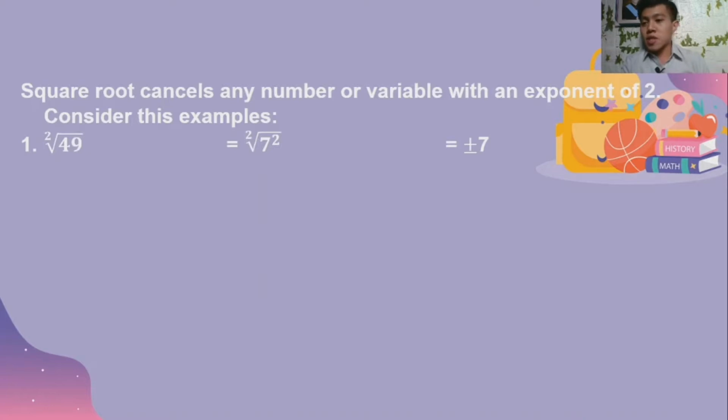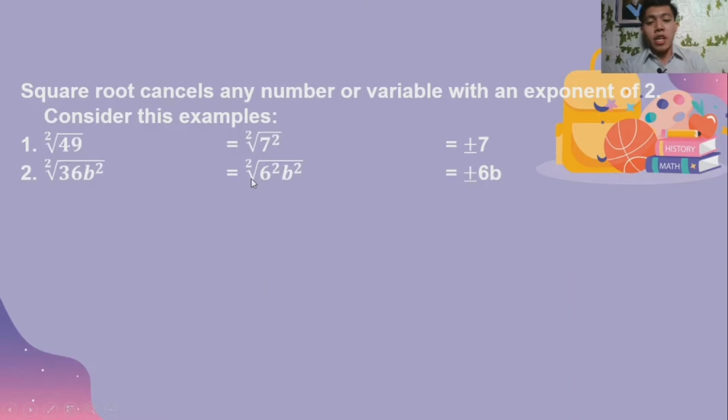Let's try another example: square root of 36b squared. Let's solve it in parts. First, the 36. Think of a number that when you multiply by itself twice, the answer is 36. That is 6 times 6, which is 6 squared.